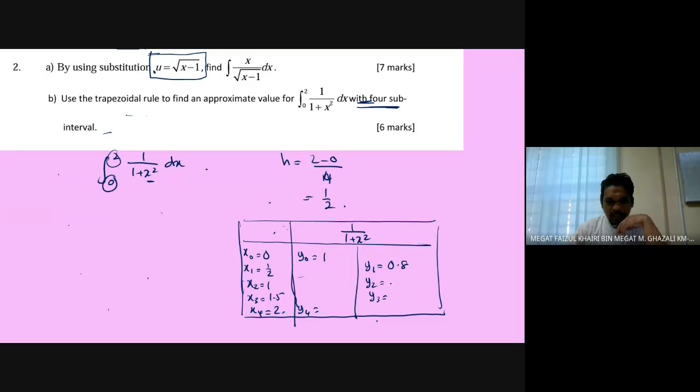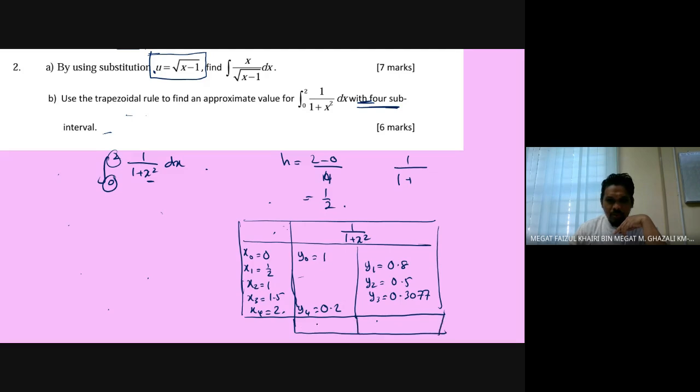When x equal to 1, 1 squared is 1, so 1 over 2 is 0.5. Here is 0.3077, and here is 0.2.